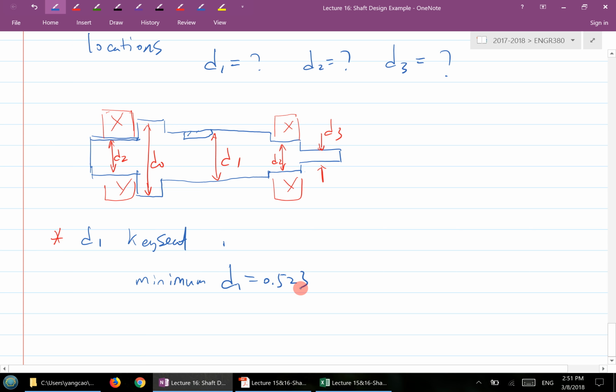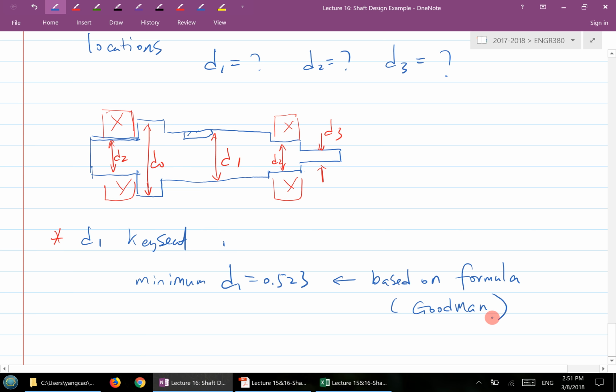D2 we also find certain values over there. This calculation is based on a formula. Which formula? The Goodman equation, for example.